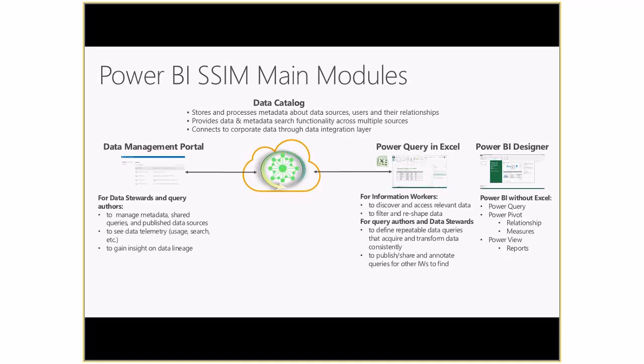And typically on our end, we're going to have to manage access to this, and they've added a data management portal within Office 365. You can set up gateways, data sources, and set up roles for people that are able to author and publish, and for people that are able to see the data and refresh the data.